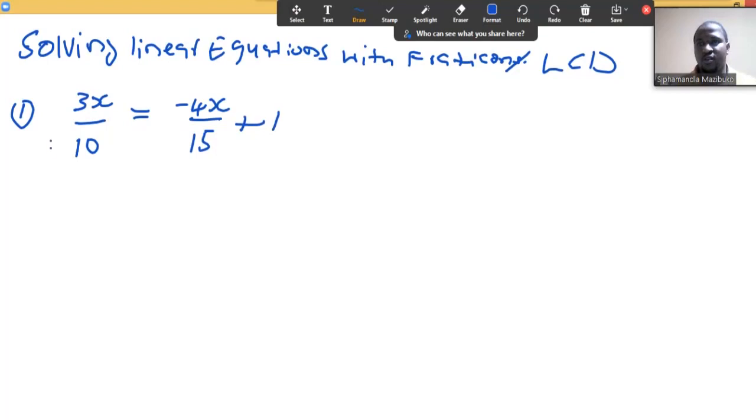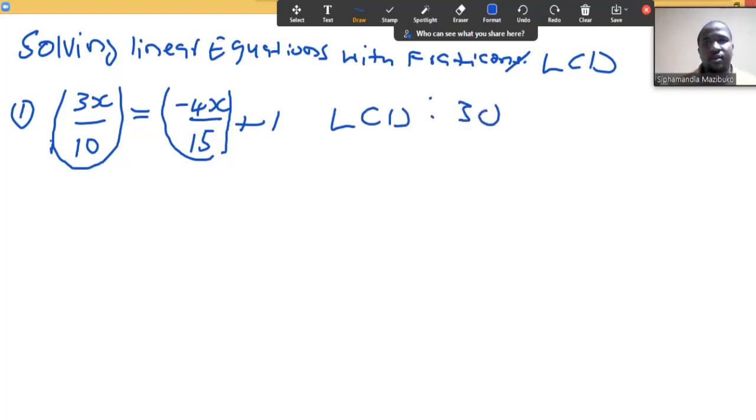So this is our first one, and this is our second one. These are our fractions. So we're looking at a lowest common denominator. Let's say our LCD is 30.